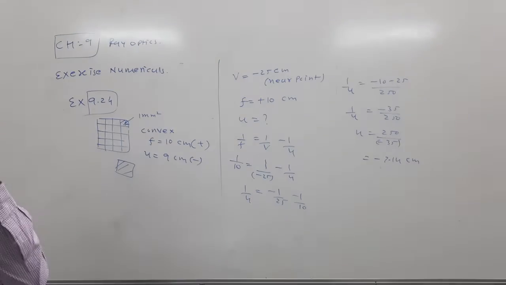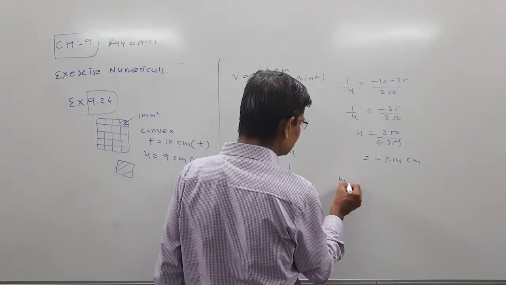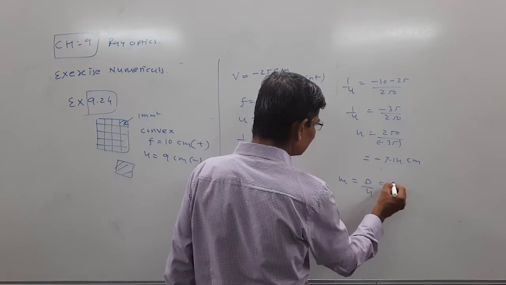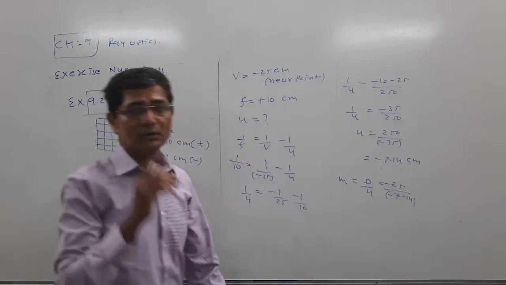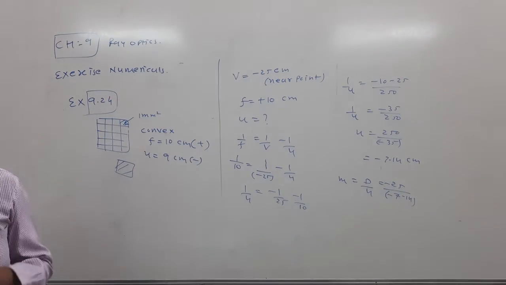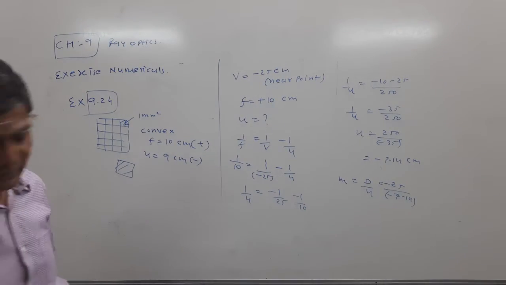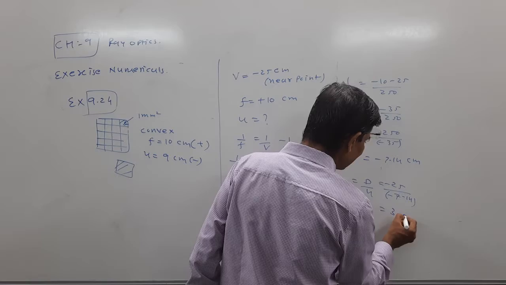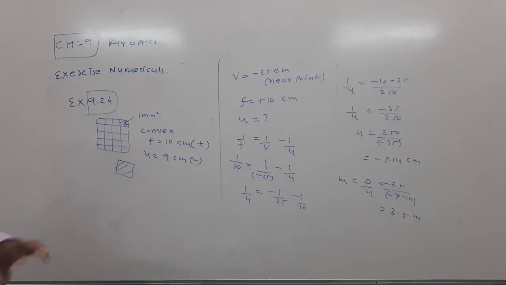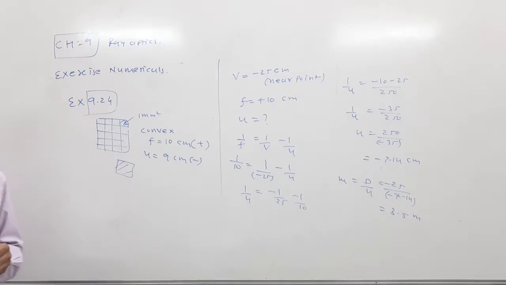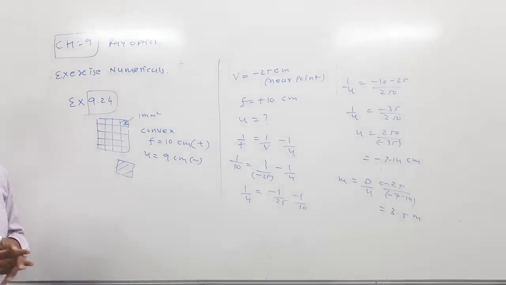Now what will be the magnification in that case? It will be d by u again. D is 25, u is minus 7.14 that we have obtained, so that turns out to be 3.5. This will be the maximum magnification for the given condition. This is about exercise 9.24, in continuation with exercise 9.23.